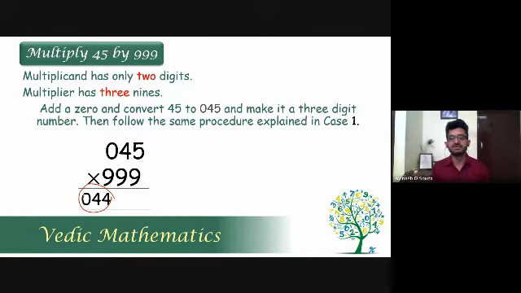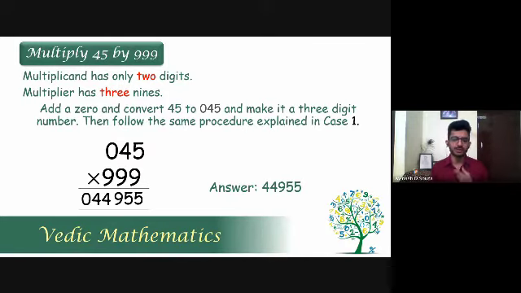So even this 0 is included in the left part. Keep that in mind. So 9 minus 0 gives you 9, then 9 minus 4 gives you 5, and for the last one, 9 minus 4 gives you 5. So you get 955 as the right hand part of the answer, and 044, which you have already found. While writing the final answer, you can definitely ignore that 0, which is not necessary there.